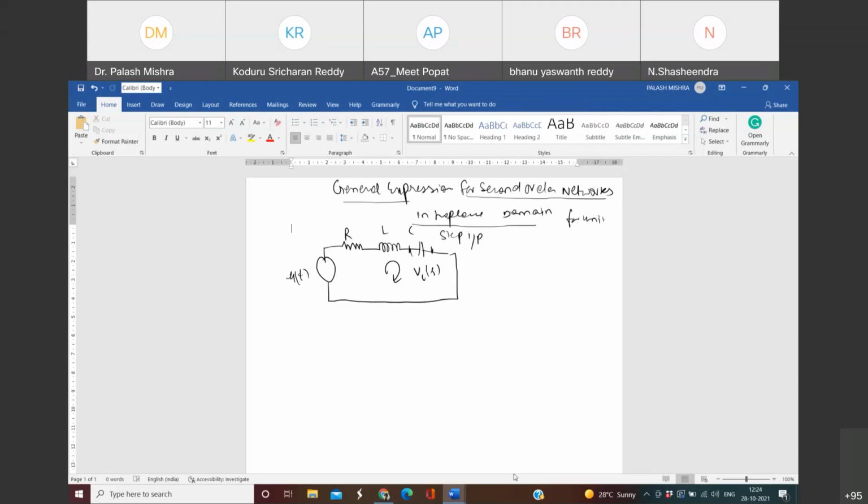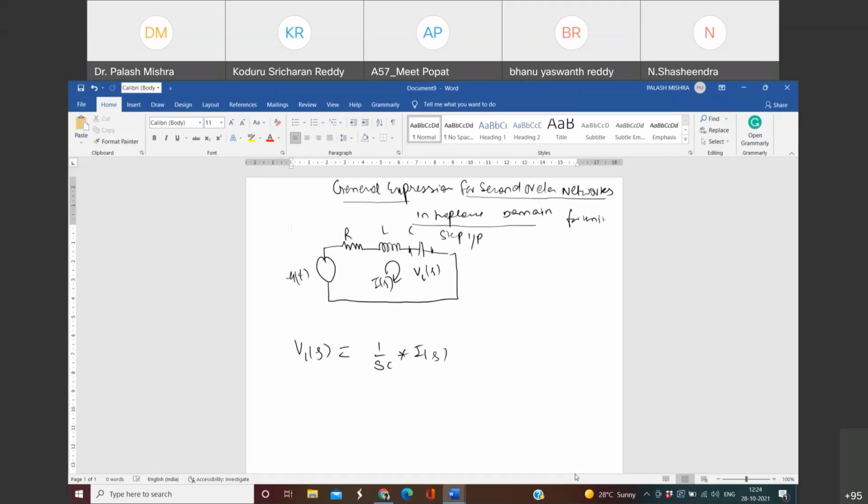So how will you solve it? Can someone tell me the value of VC(s) in the Laplace domain in general form? VC(s) is what? 1 by SC into I(s). Very good. Now I have to find the value of I(s).